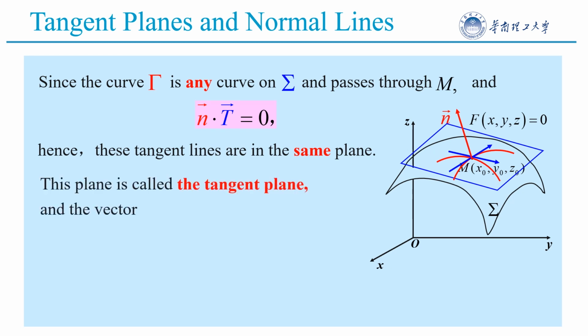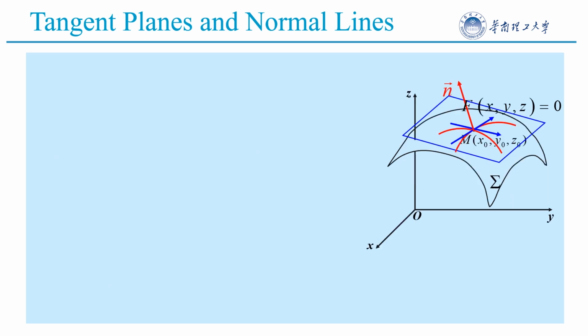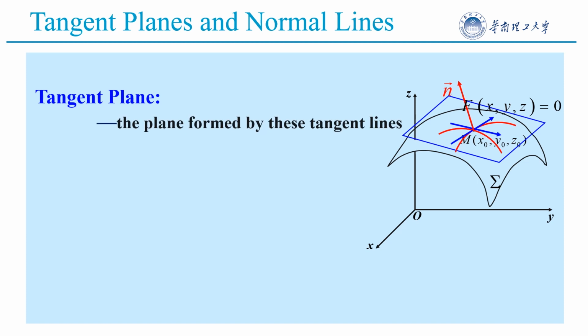This plane is called the tangent plane, and the vector n, that is, the gradient of capital F, is called the normal vector. In sum, the tangent plane is the plane formed by these lines.